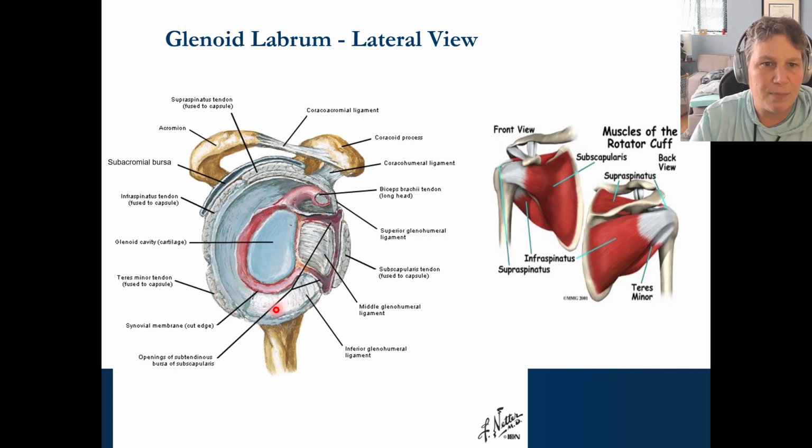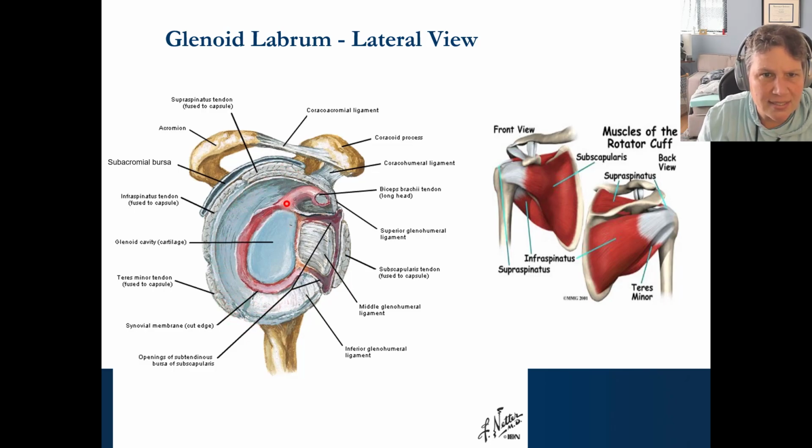The labrum is basically, if you imagine there's a really small area for the huge head of the humerus to articulate with, we need something to make it a little bit more stable. Besides the rotator cuff, you've got the labrum that works like a suction and holds the head of the humerus in there. That's what you see all along here, this bluish color.